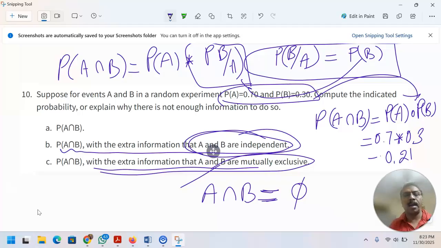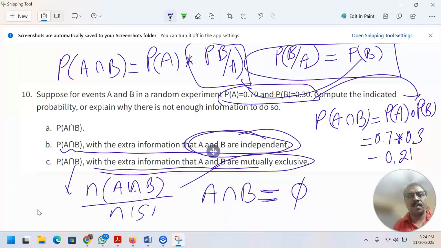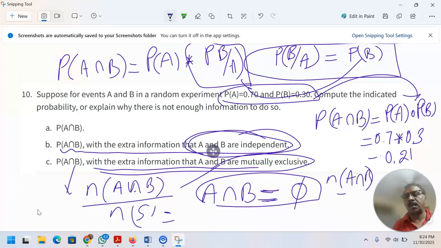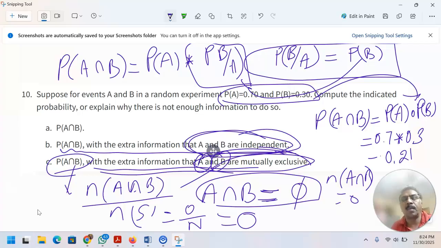So if I want to find the probability of A and B, it is the number of favorable outcomes in A and B over n of S. That means n of A and B is zero, so this is zero over whatever the total n is, and you end up getting zero. So the moment two events A and B are mutually exclusive, we say the probability of both happening at the same time is zero.